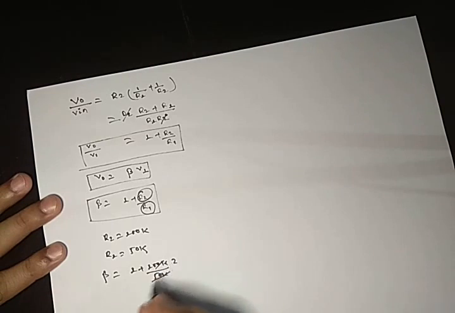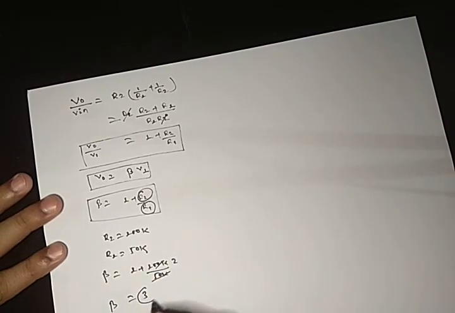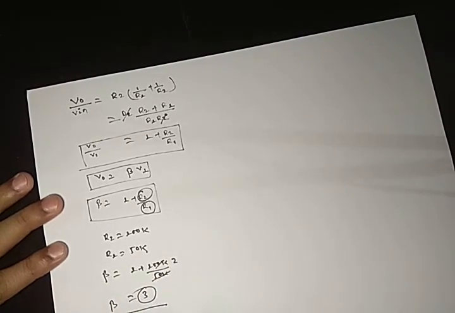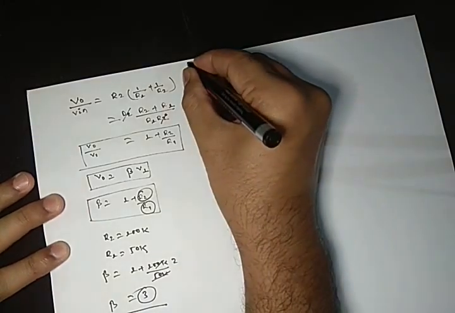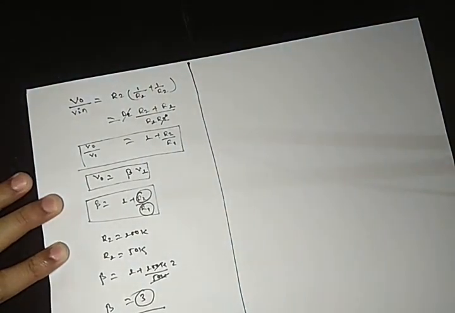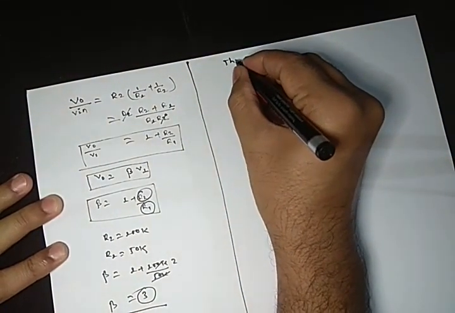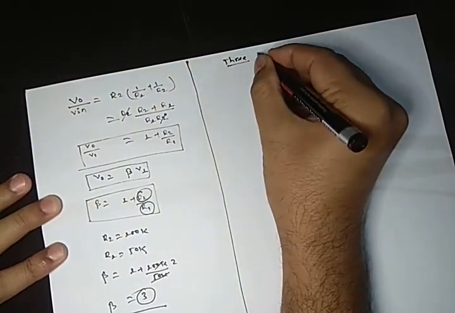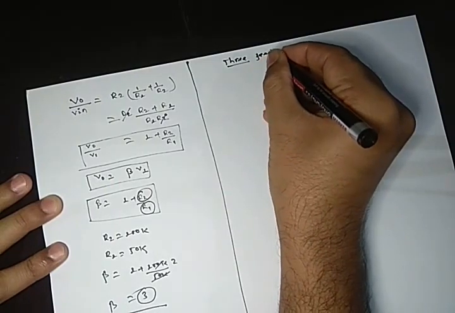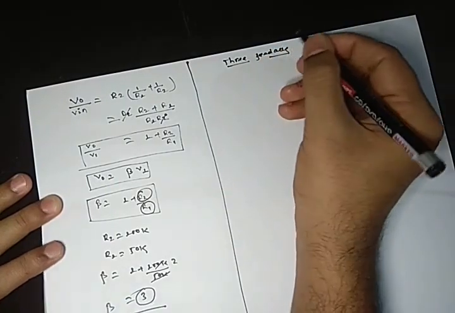It is going to be 2. Now beta will be 3. Now this is your beta or the gain we got in voltage series. Now we are left with three more feedback types that we will look at in next classes.